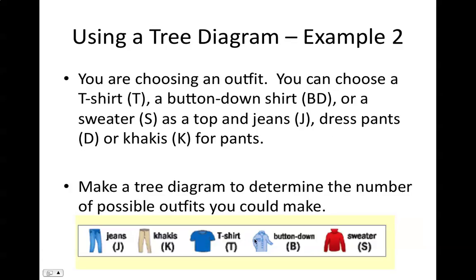And you can see the diagram down here, and then the different letters that would represent each of the choice options. So the first part of the question says to make a tree diagram to determine the number of possible outfits you could make. So go ahead and pause the movie and take a minute just to do that diagram before you move on.